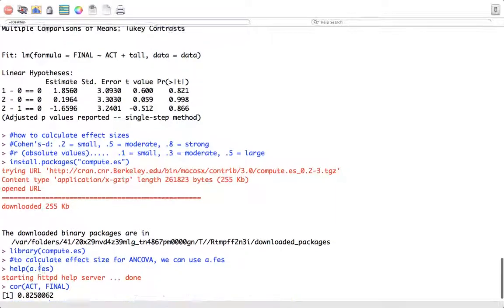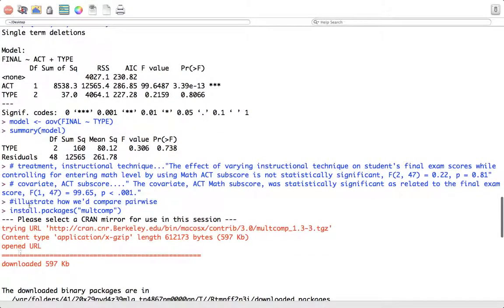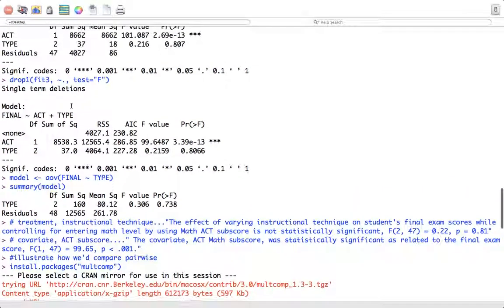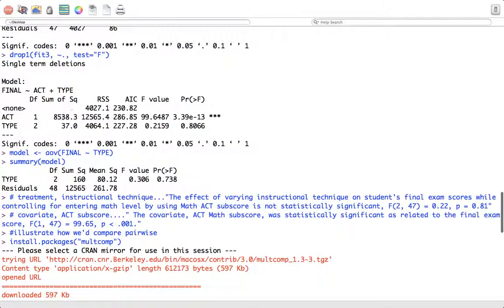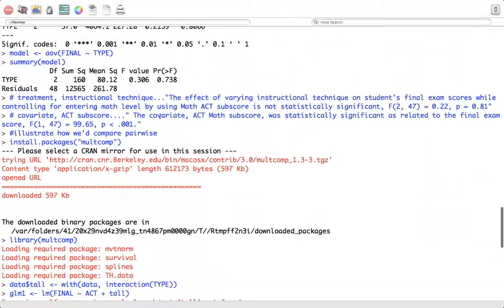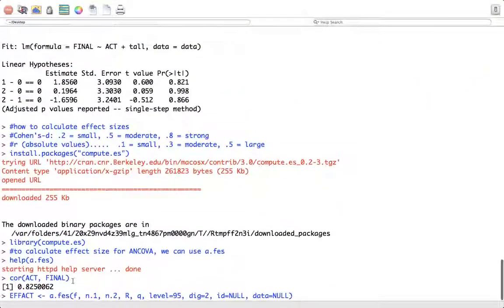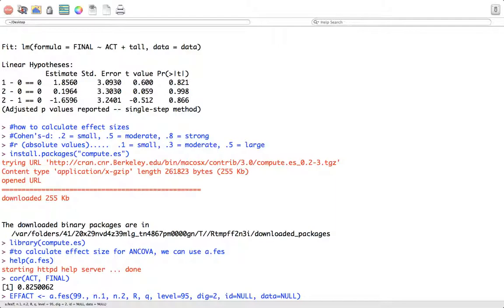Now, if I go back up to my type 3, I've got too much going on here, guys. Here we go. My ACT, the F value is 99.6487. Now, my N1 was the treatment group sample size.